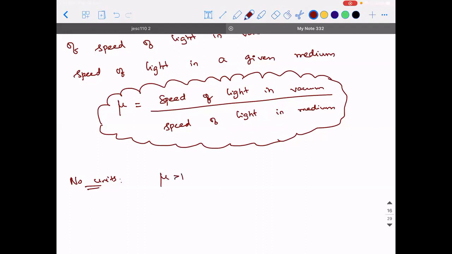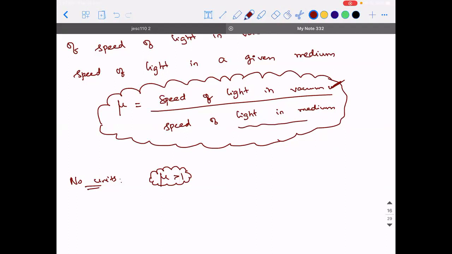Mu value is always greater than 1 also. Make a note of this point. The reason being, the numerator has the speed of light in vacuum. I already told you, the speed of light in vacuum is the most, that is 3 into 10 power 8. The speed of light in any other medium compared to vacuum is going to be less. Hence, mu value is always greater than 1.